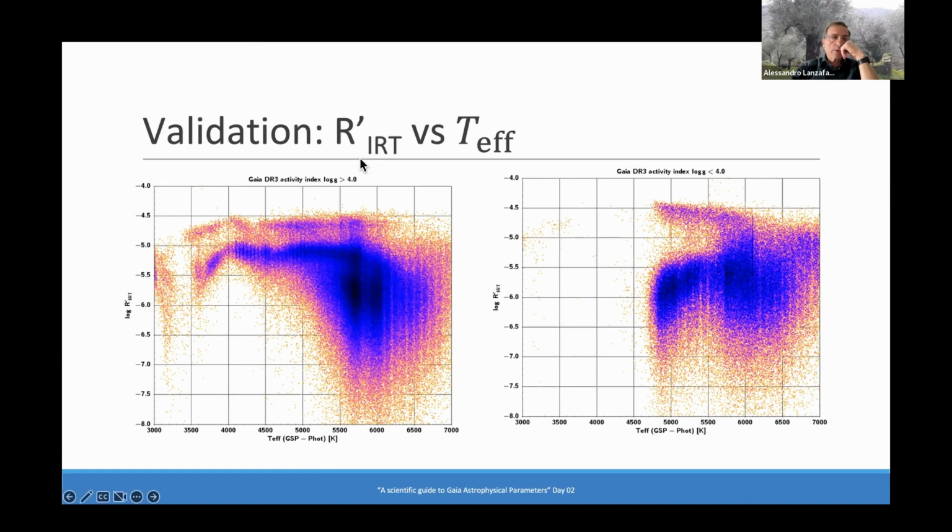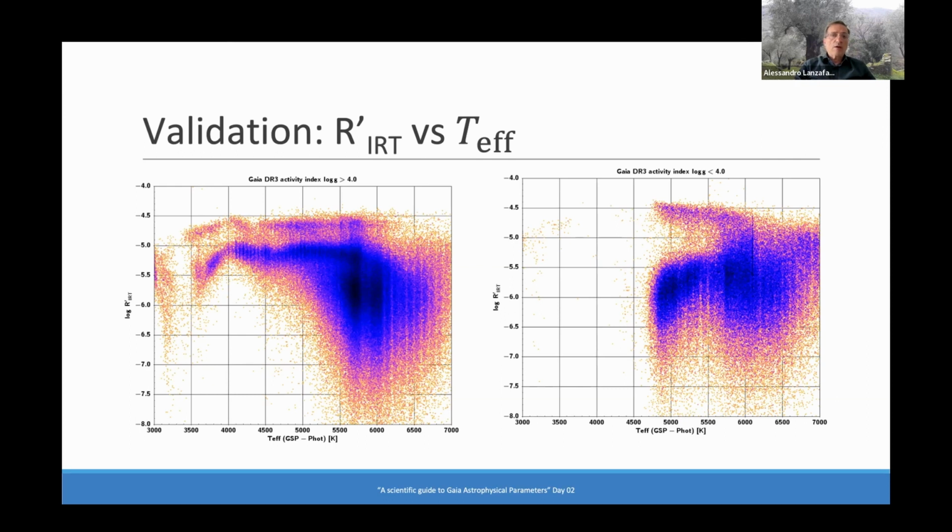When we plot R' versus T effective, we have a nice distribution, which is not very different from what was found recently in the literature by Boro Saikia in 2018, but of course with much sharper details and statistical significance.